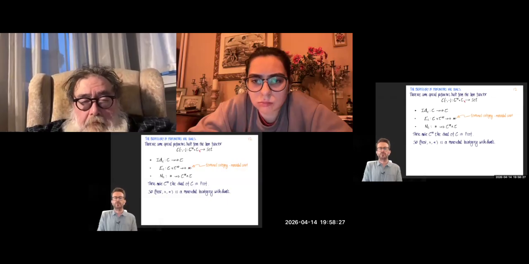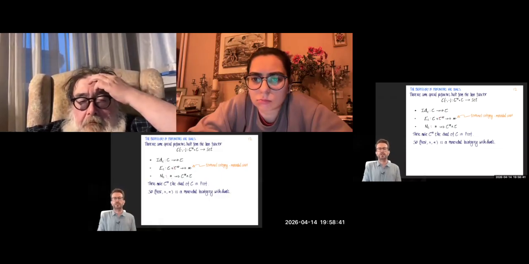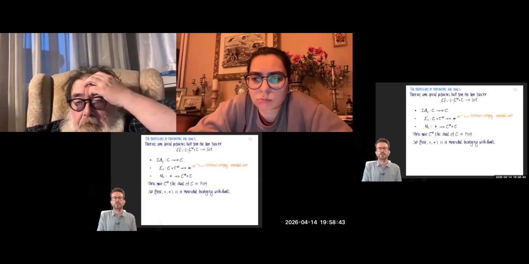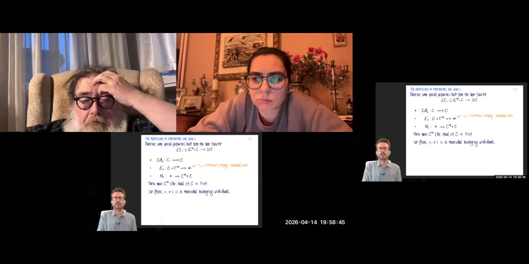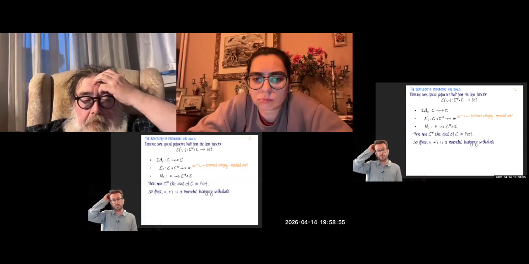I can switch my perspective and think of that as the domain and the star as the codomain, so a profunctor from C cross C^op into star. Similarly, I can put the star on the other side. So I can build three different profunctors all from the same Hom functor.